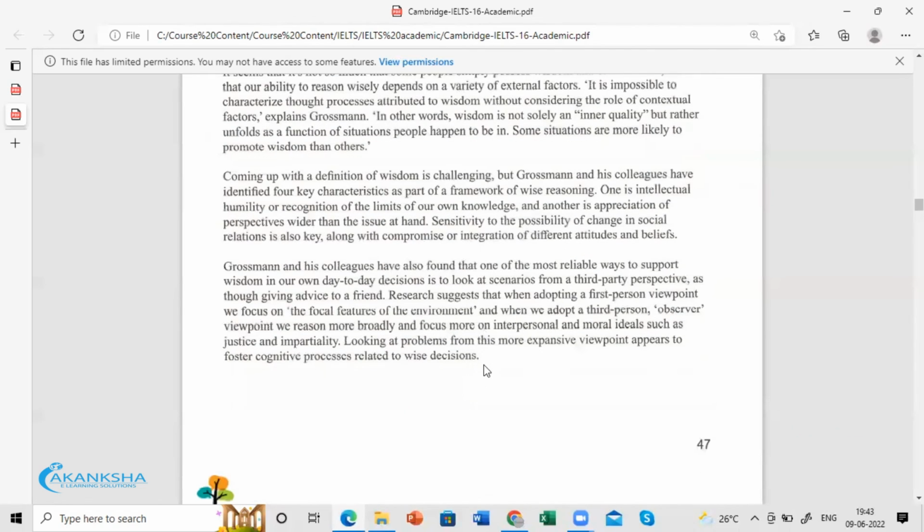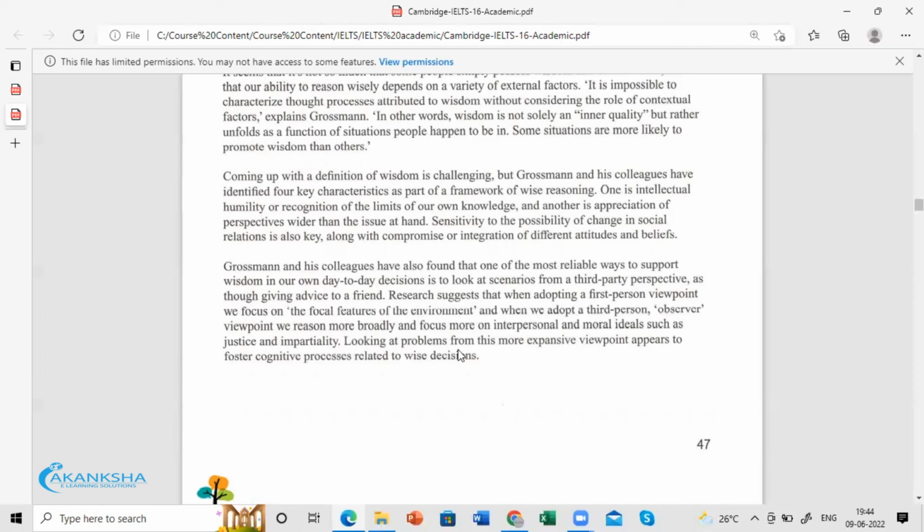No. Third party perspective he talks about, and first party viewpoint, the focal features. And when we adopt a third person observer viewpoint, we focus more on interpersonal and moral ideas, such as justice and impartiality.